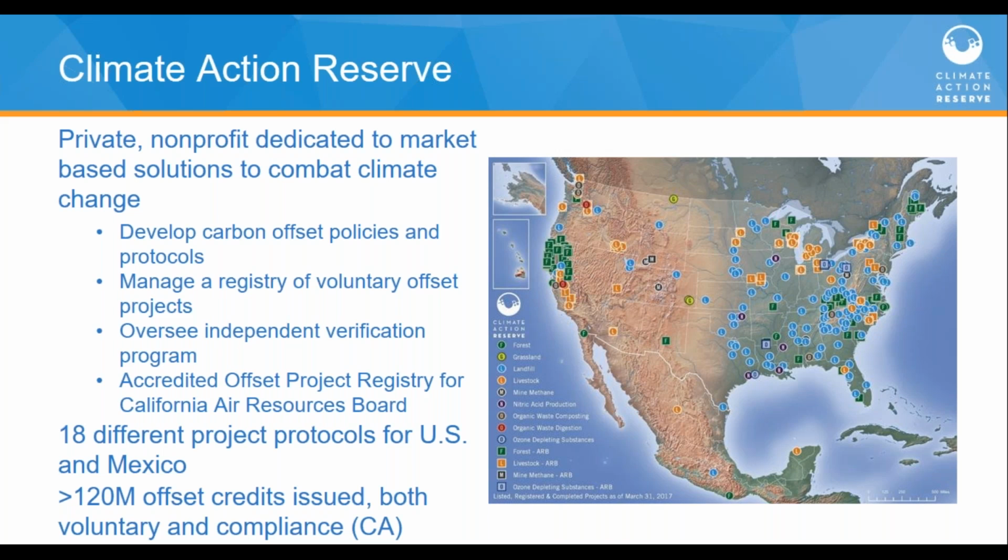And we are an accredited offset project registry for the California Air Resources Board as part of California's compliance offset market. Thus far, we have 18 different project protocols for the US and Mexico, and the map to the right shows you where those projects are located and their project types. And so far, we have issued over 120 million offset credits, both on the voluntary market and the California compliance market.